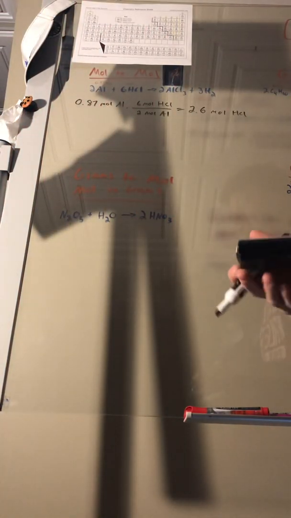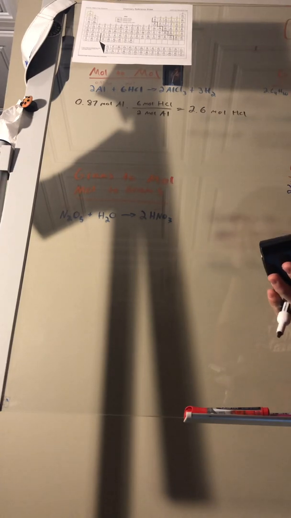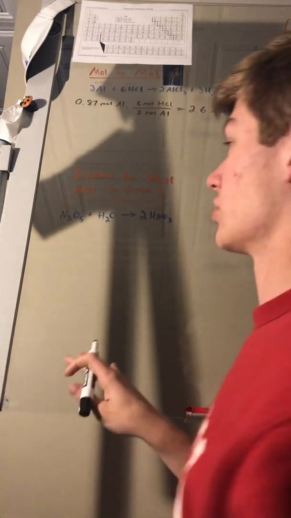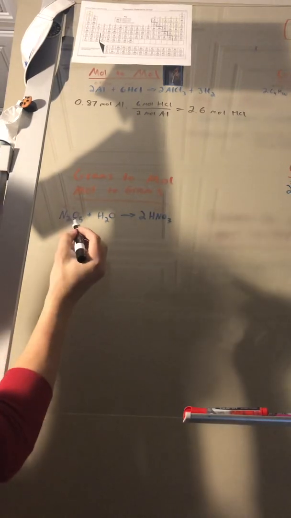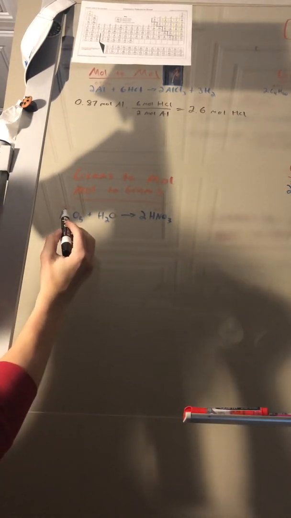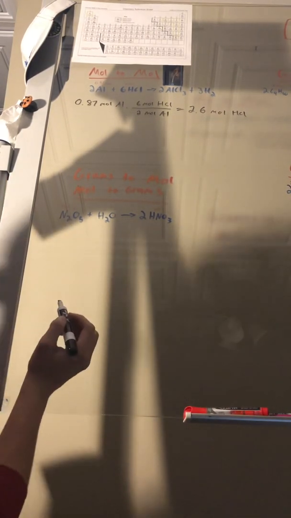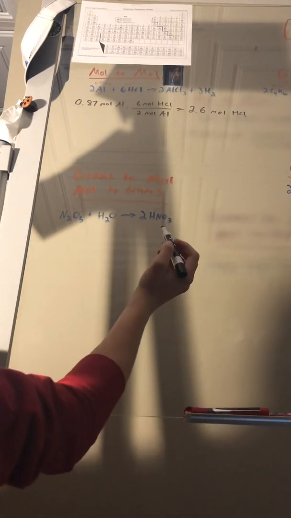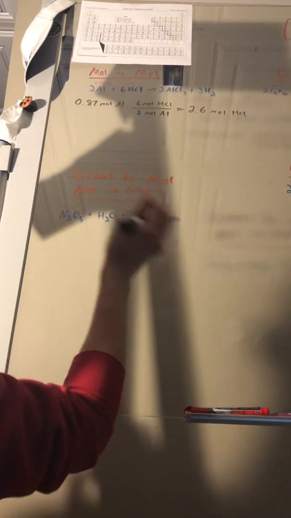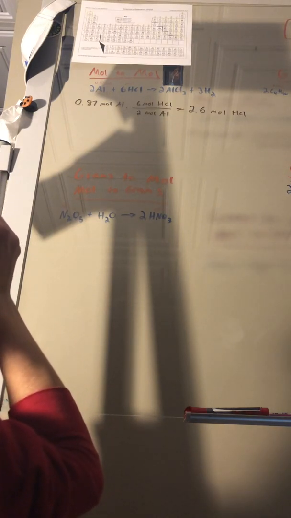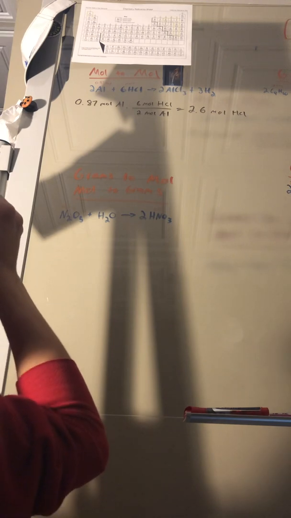And then another type would be grams to moles, or you can also have moles to grams. So in this equation, for example, you are given the mass, which would be grams of dinitrogen pentoxide, and you're trying to find out how many moles of nitric acid.